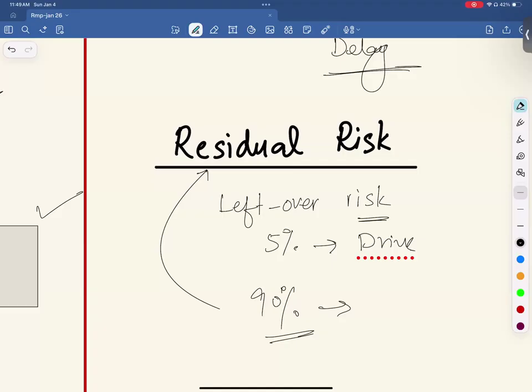All right. Sir, is there any limit of appetite, like it shall be not more than this percentage out of 100? Sorry, what? The limit of appetite. Risk appetite. It varies from person to person.